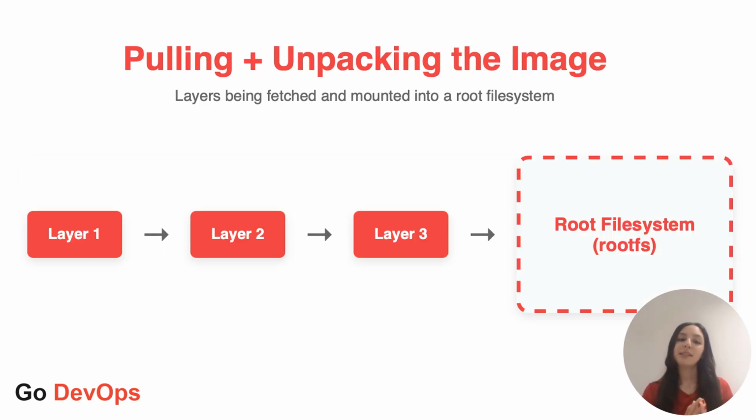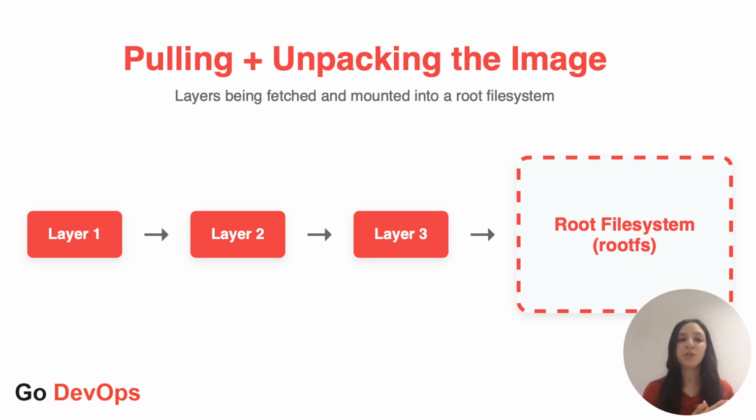So now let's dive into what happens after the container runtime daemon gets the image name. First, the host starts by downloading the layers of the container image from a registry. This is not a single file. It's composed of multiple layers that represent different parts of the container file system.